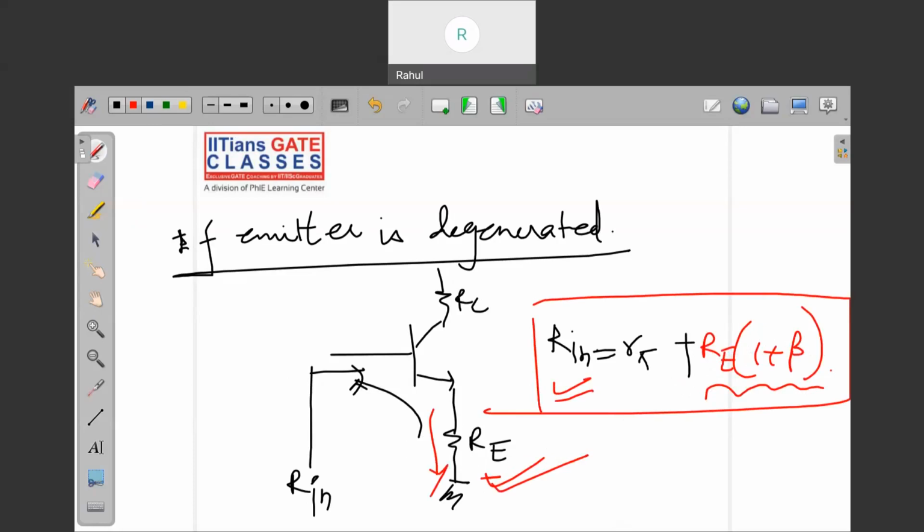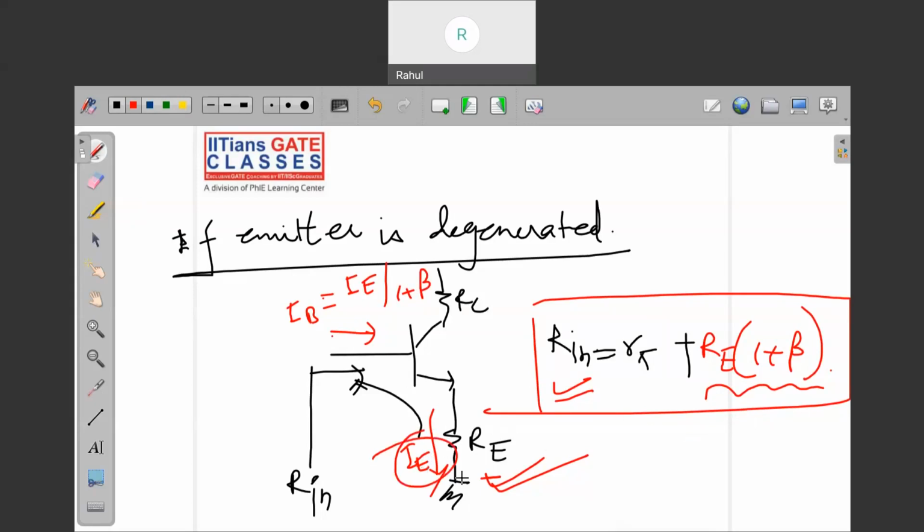If there is a current IE, then IB will be IE upon (1 plus beta), right? If current is decreasing by a factor of 1 plus beta, your resistance will increase by a factor of 1 plus beta, because current and resistance are reciprocal to each other.